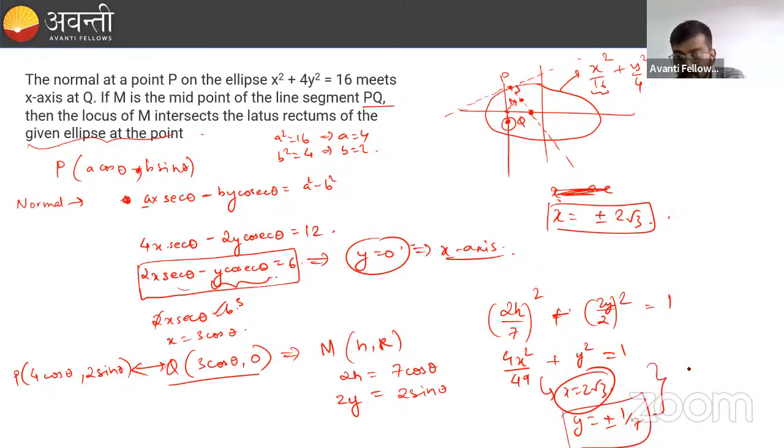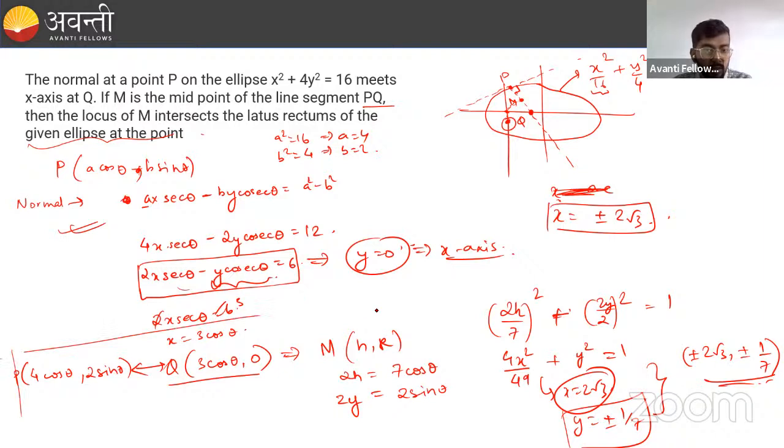Hence, the coordinates of the point that we are supposed to find are plus minus 2 root 3, comma, plus minus 1 by 7. So I hope this question was clear. This question is easy to understand once you have found the equation of the normal and this (h, k) point.